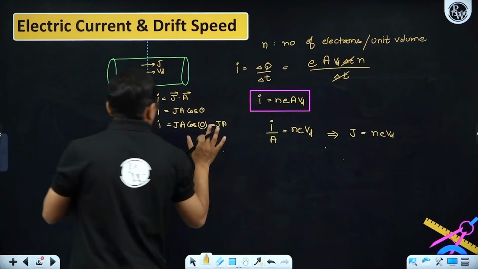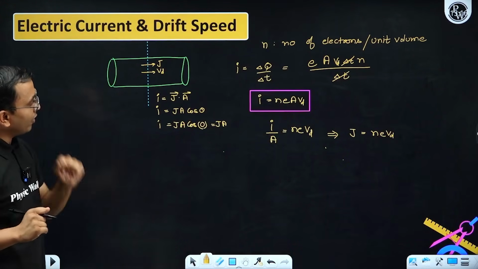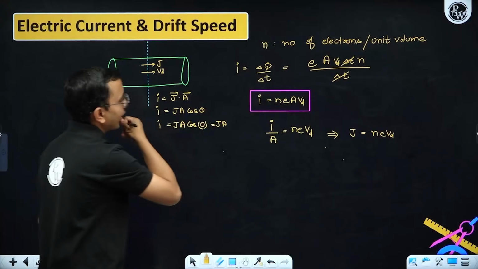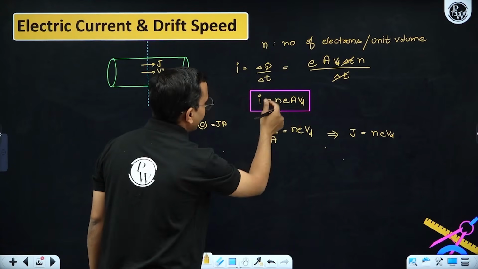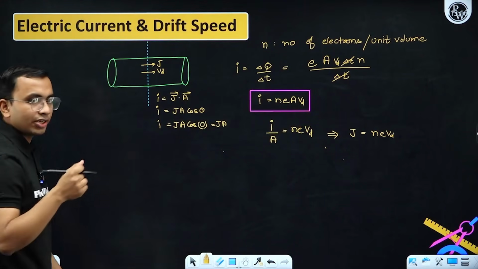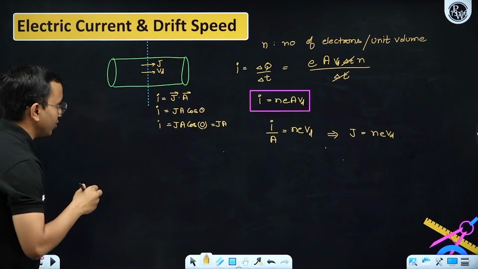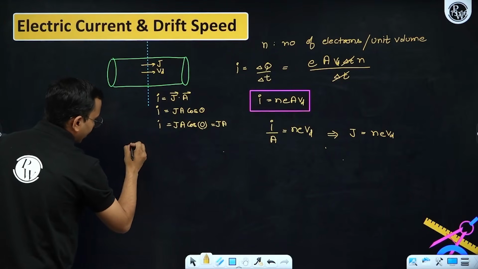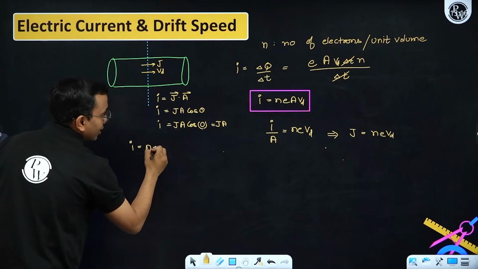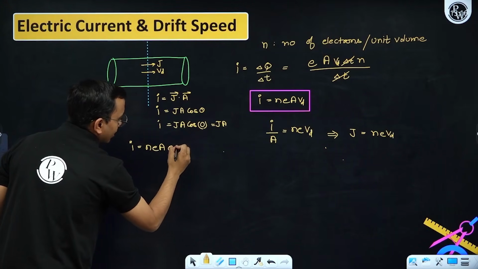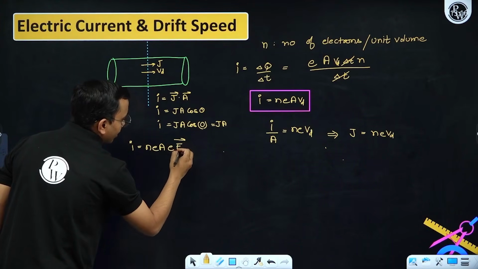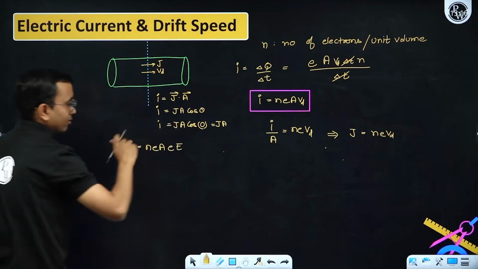Now I related my current and drift velocity. Now what I can do is write drift velocity in terms of electric field and the relaxation time. So if I write I, that is equal to nEA, V drift is eE by m into tau, I'm not putting the directions.